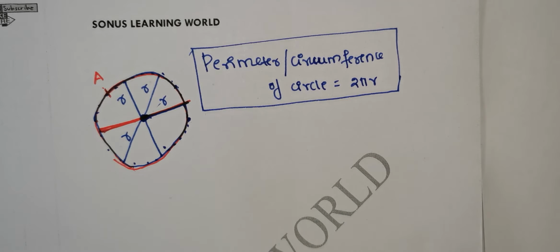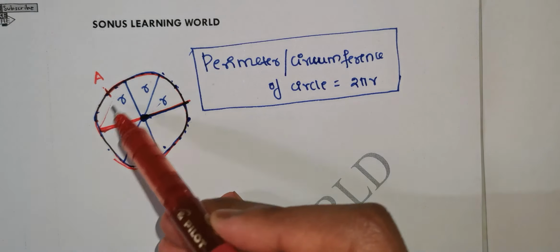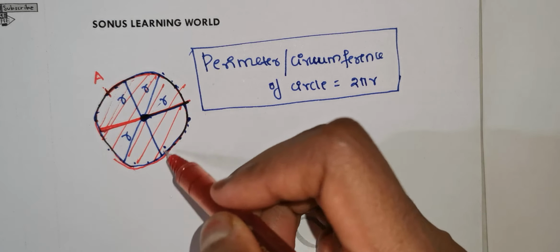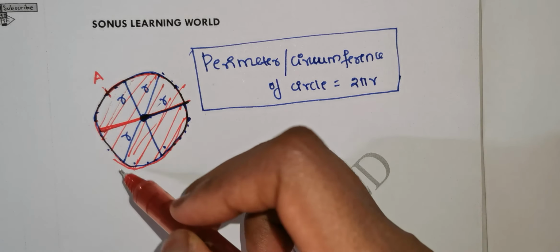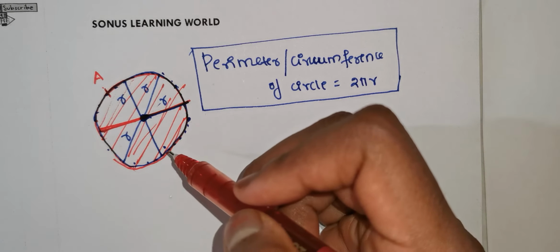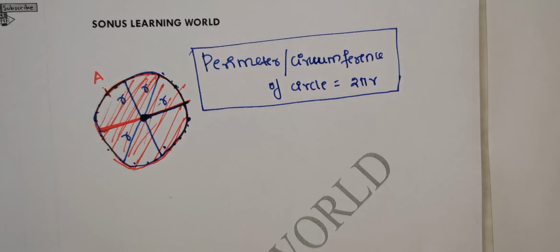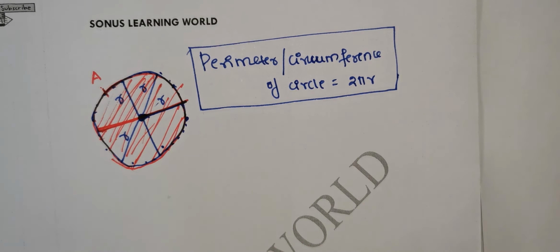Next comes the area of the circle. Area of the circle means the inside portion, the full inside portion. The outside boundary is the perimeter or circumference, and the inside is the area of the circle. So what is the equation for the area of the circle, students?